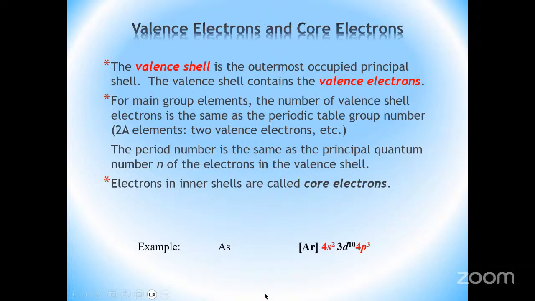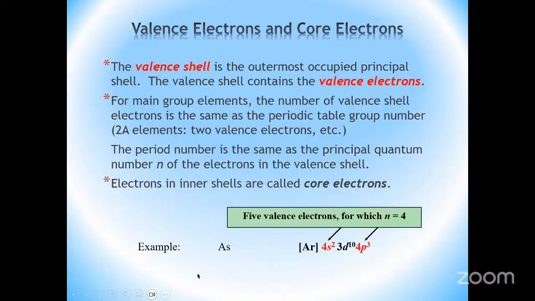The valence electrons are the electrons occupying the 4th shell, namely the 4s2 electrons and the 4p3 electrons, right? So those are the valence electrons, right? All the other electrons would be the core electrons, which include the electrons represented by this right here. So the number of electrons here would be 18 plus the 3d10, the 10 electrons in the 3d subshell. So that's a total of 28 core electrons, right?